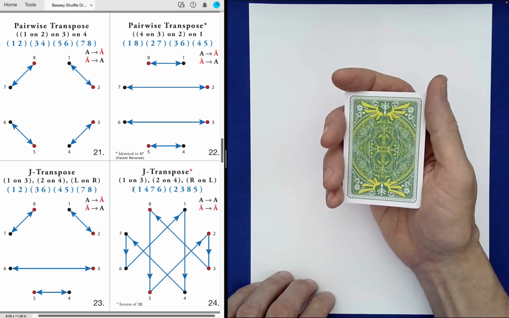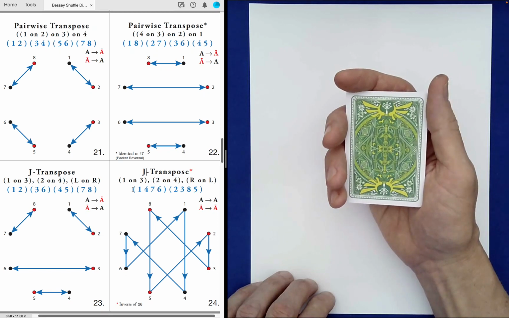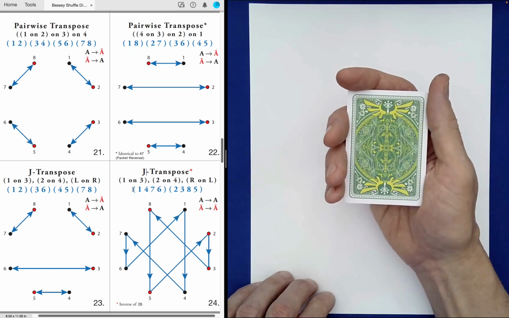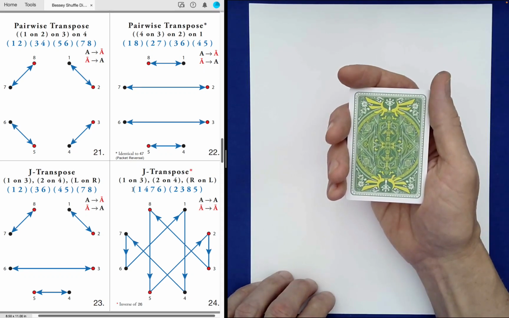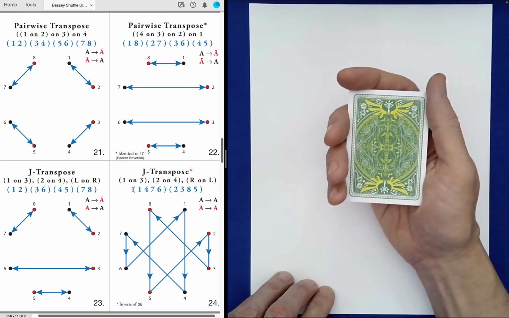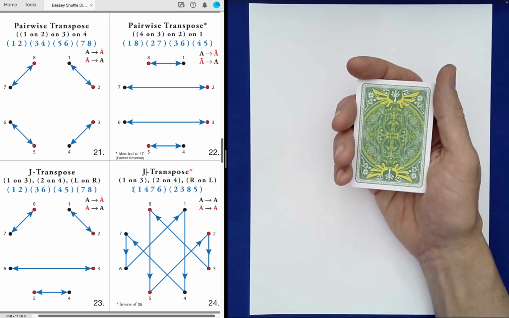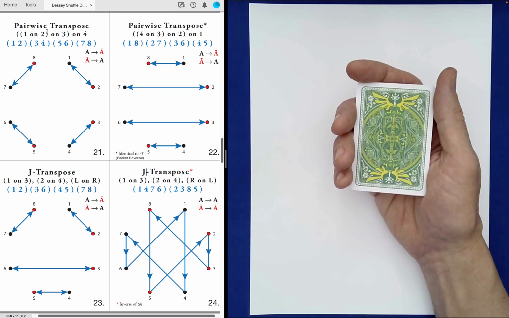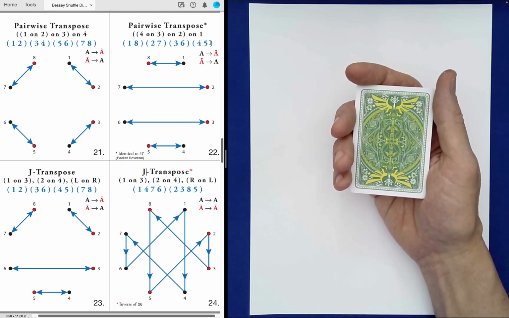That means we either get the original packet structure back as a Bessey sequence, or we get an inversion of that, and either one will serve our purposes just fine. We actually don't care if this packet is inverted or not. As we've talked about today, some of these shuffles invert, like the first one here, that inverts the sequence or the packet.